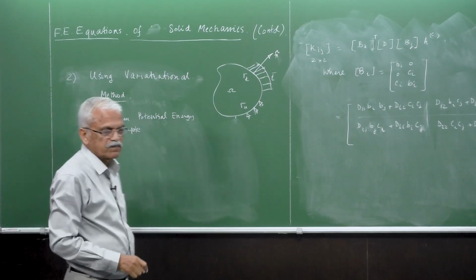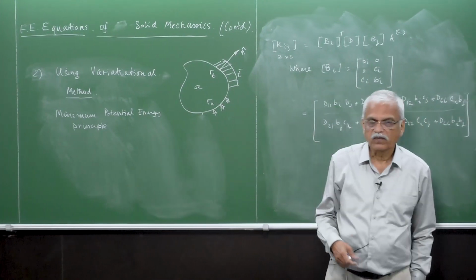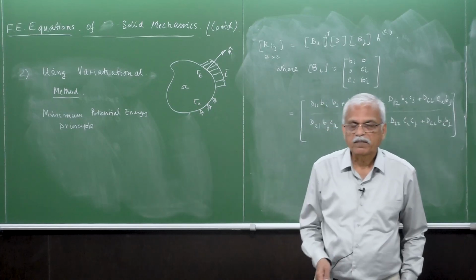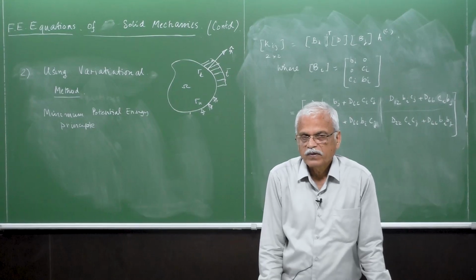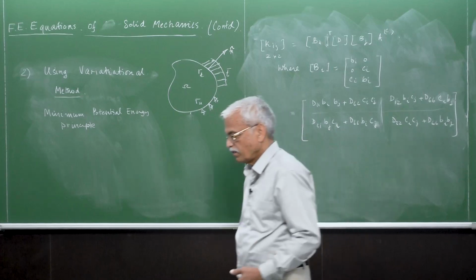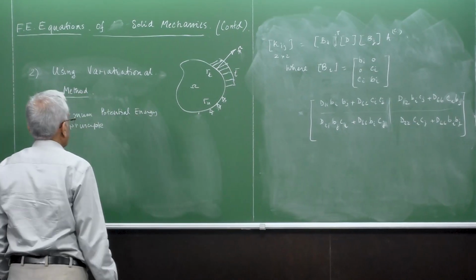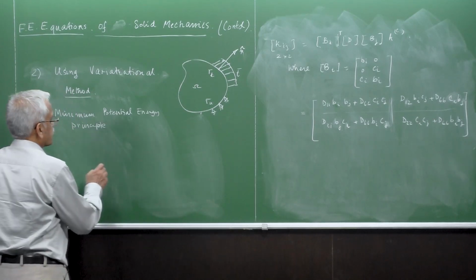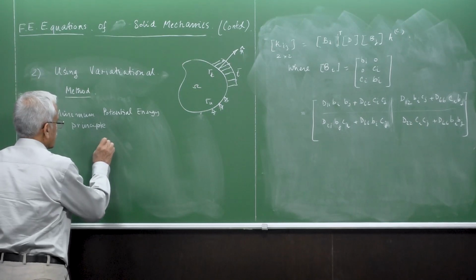This we mentioned when we talked about the Rayleigh-Ritz formulations, where we did exactly the same thing in the case of one-dimensional problems, where we derived the potential energy, right? And then we minimized it with respect to the unknown variables. All right. So what is the minimum potential energy principle? It says that we have to find out the potential.